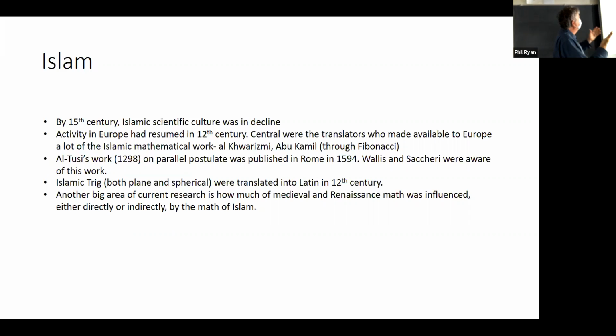And so, unfortunately, by the 15th century, the Islamic scientific culture went into decline. There are lots of reasons for this, but the main reason is that the various Islamic states had hunkered down in some kind of cultural bunker.